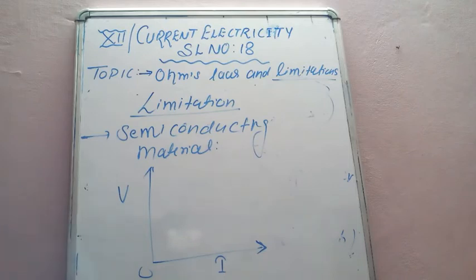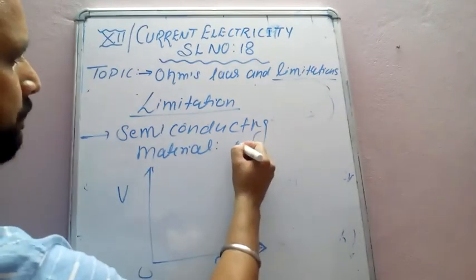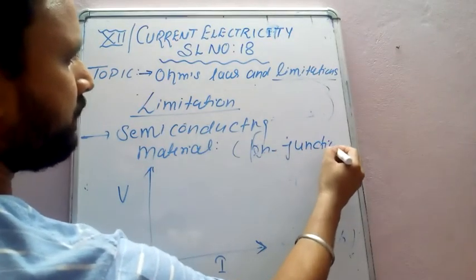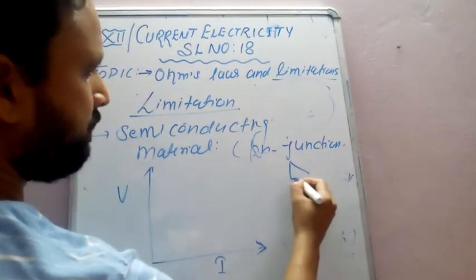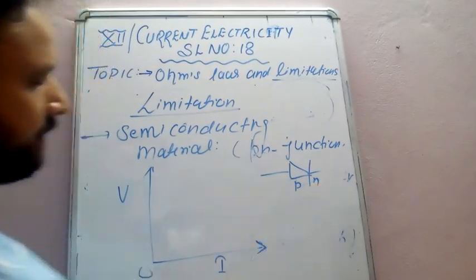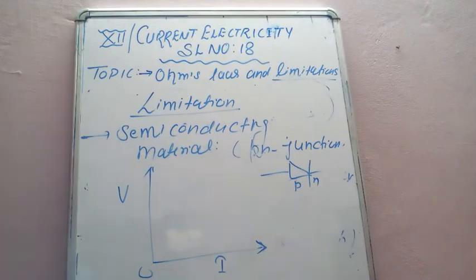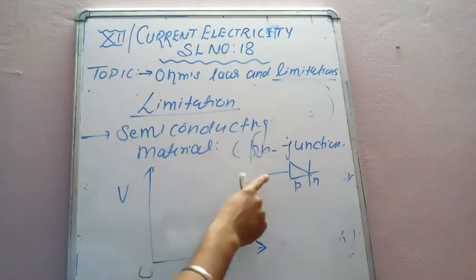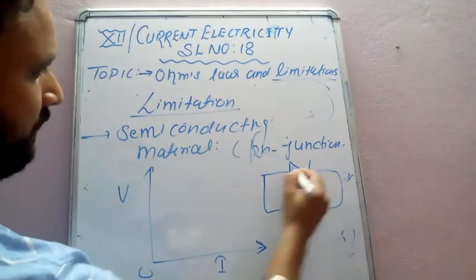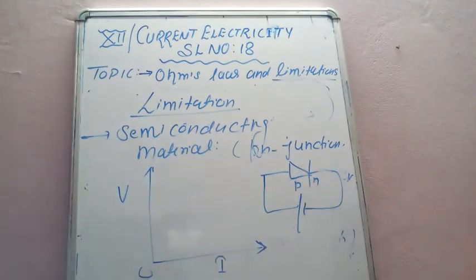For example, a PN junction diode. It is represented this way: this is P and this is N. When we combine P and N, we get a PN junction diode. Under forward biasing, the graph is like this way.